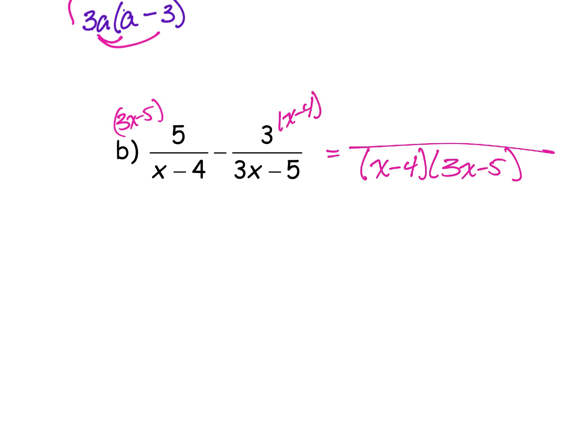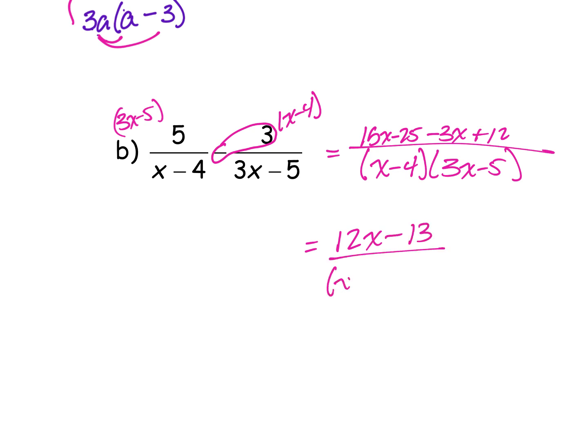So I get 15x minus 25 minus 3x plus 12, because this is a negative 3. Then I get 12x minus 13 all over x minus 4 times 3x minus 5. Questions? Does that make sense?